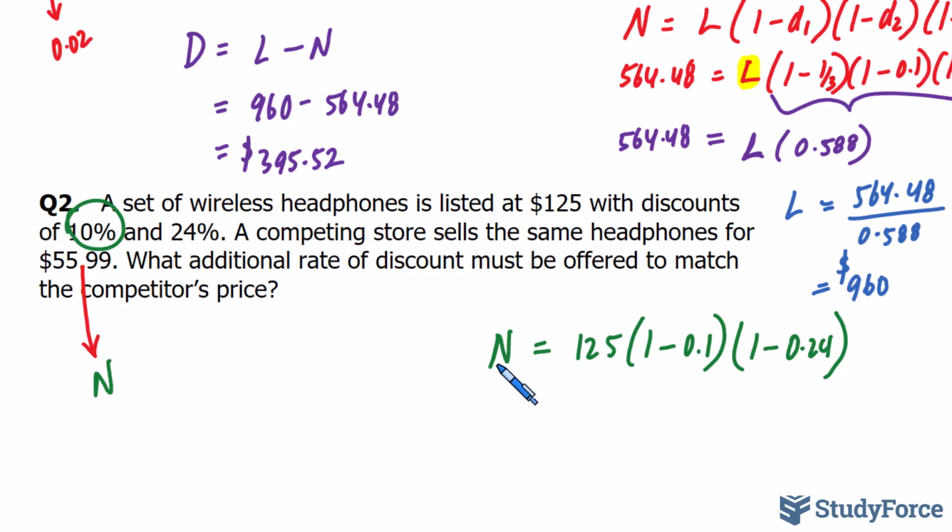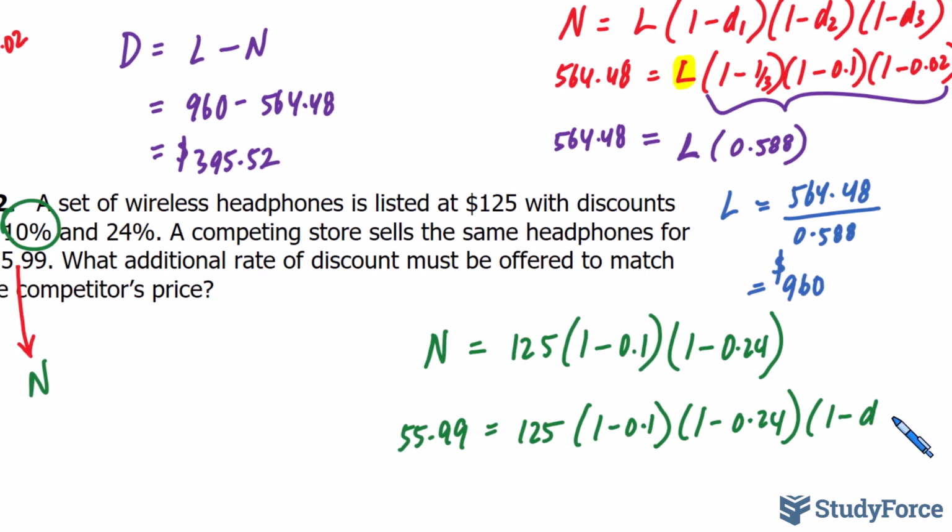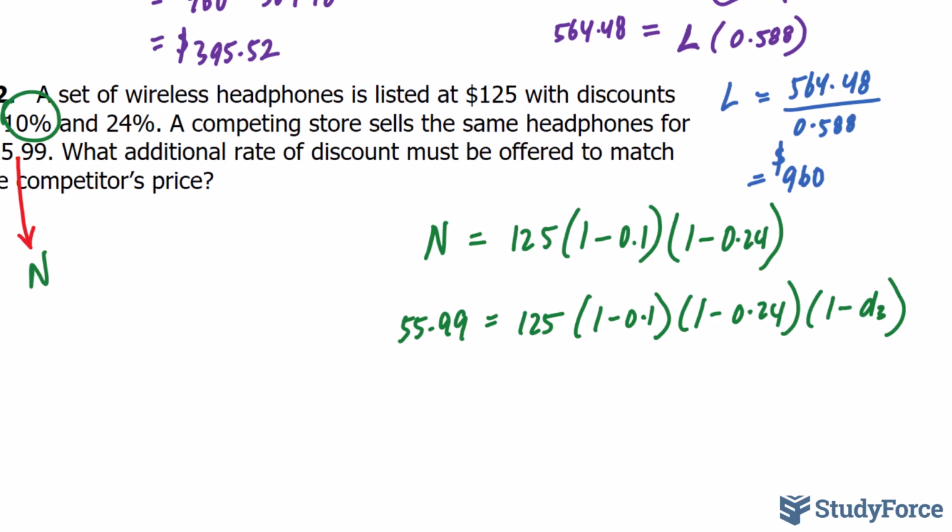So what we're going to do is we're going to change our net price to $55.99, and we want to add an additional discount that will lead us to that value. So we're going to add another factor here, 1 minus D sub 3. That's our third discount, and we want to find out what that will be so that our net price is $55.99.